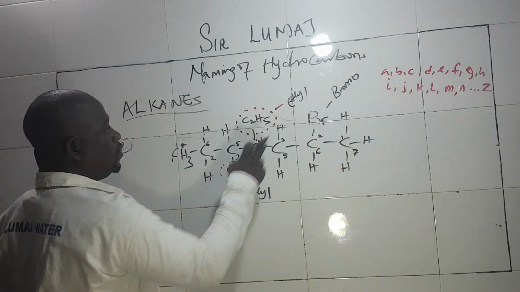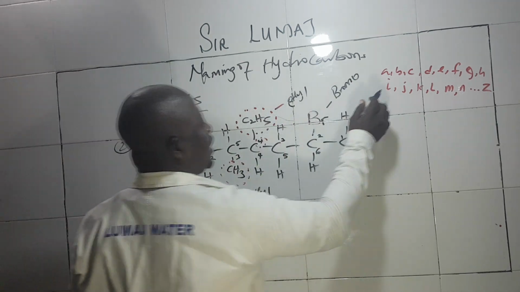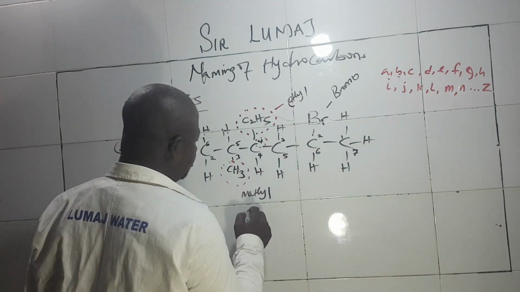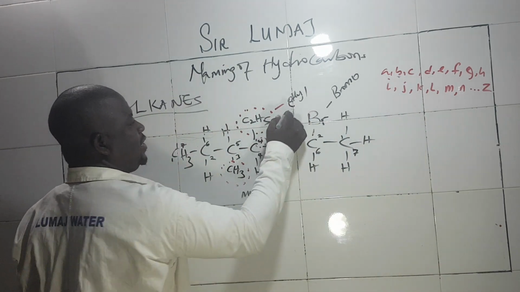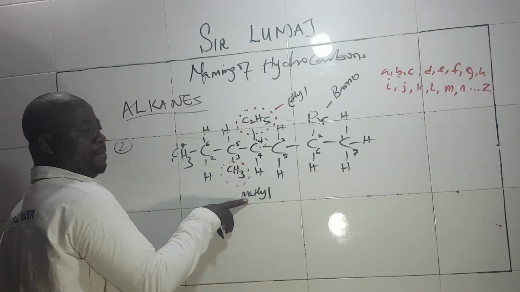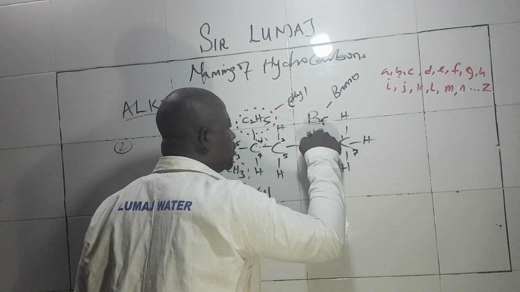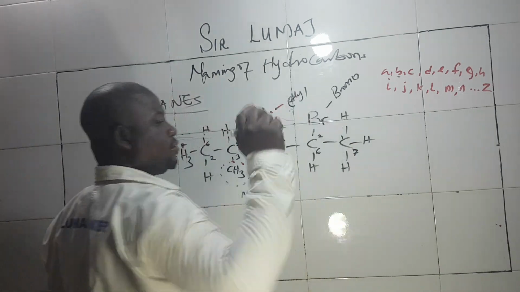Bromine or ethyl? If you look at your alphabet, B will come before what? E. And E will come before what? M. So for me to name this compound, I must first of all mention the position of bromine.